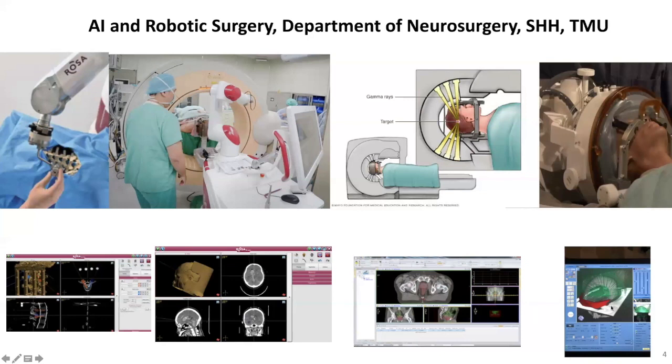To deliver an accurate dosage or heat to the brain, we need a computer to calculate automatically. So in modern clinical practice, AI and robotic surgery have a very important role.